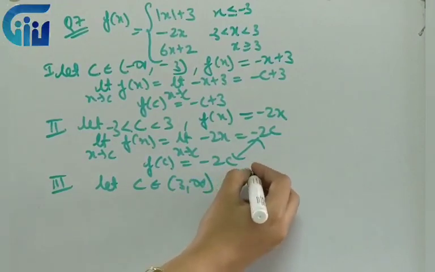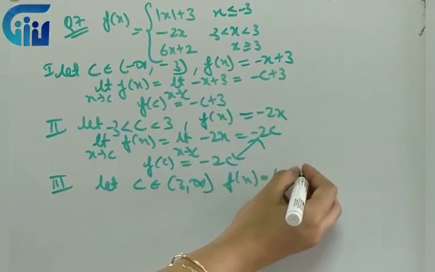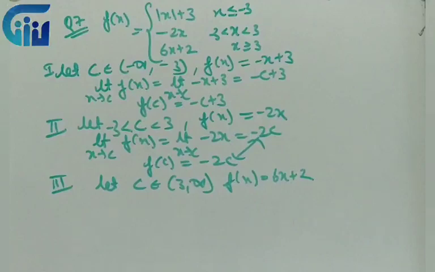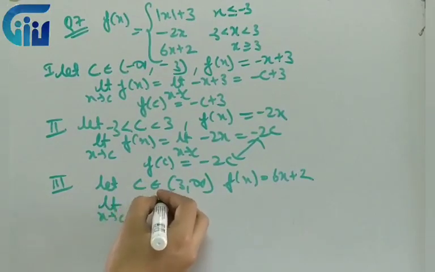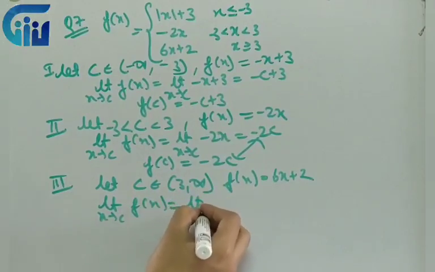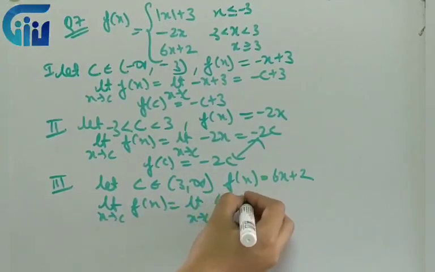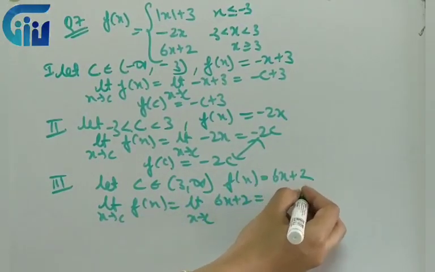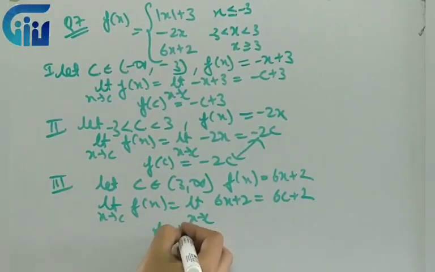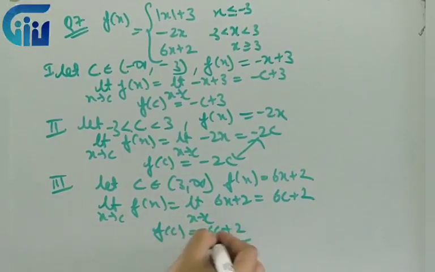So again my function will be 6x plus 2, right? Again we will have the same thing, limit x tending to c of 6x plus 2, which is 6c plus 2. So f of c will be 6c plus 2 and hence both are equal, so it is continuous.